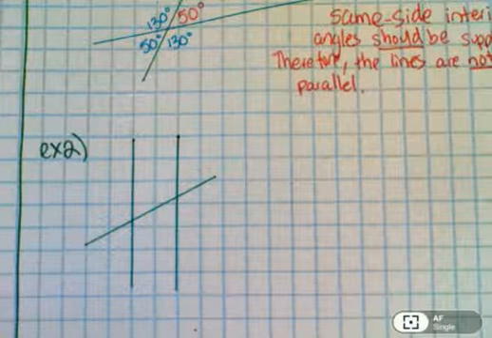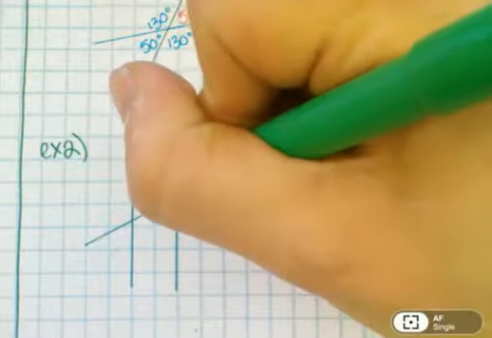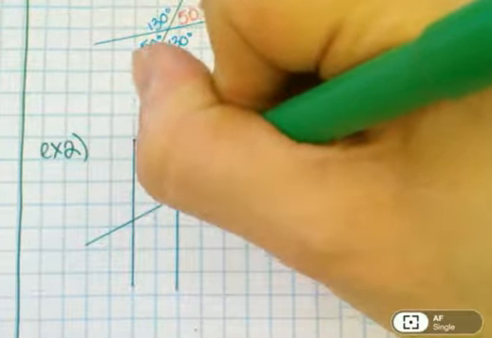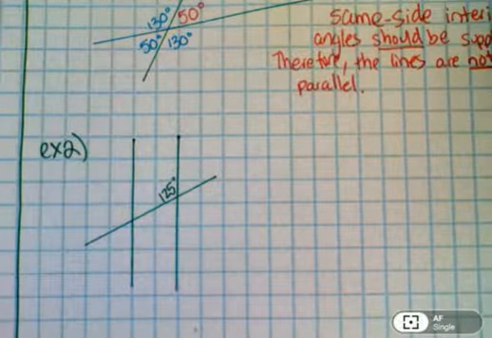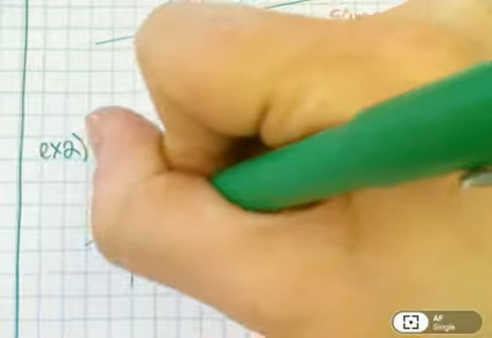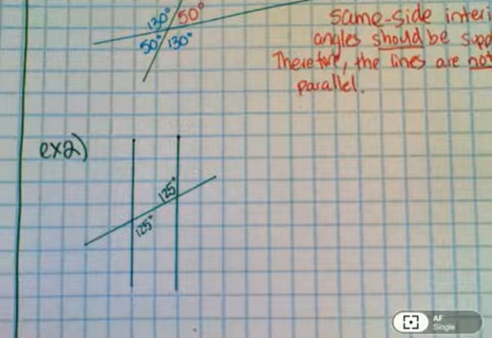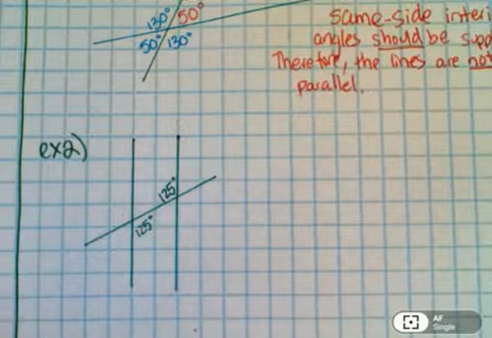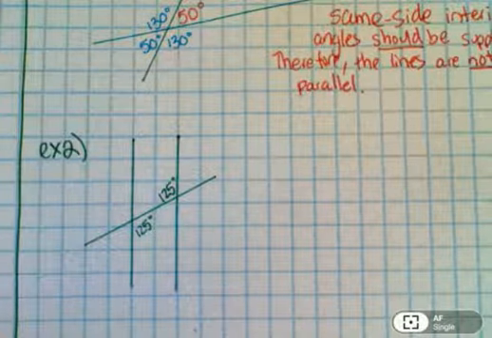So we're going to say here that this angle is 125 degrees, and this angle is 125 degrees. And so the question is, is that enough information to know whether the lines are parallel or not?